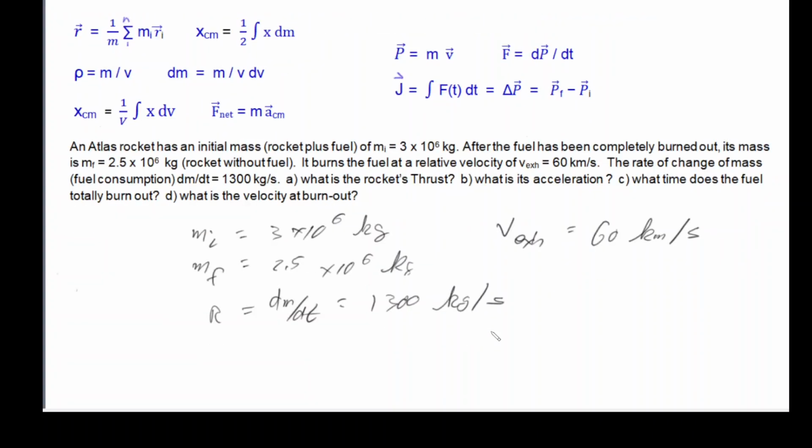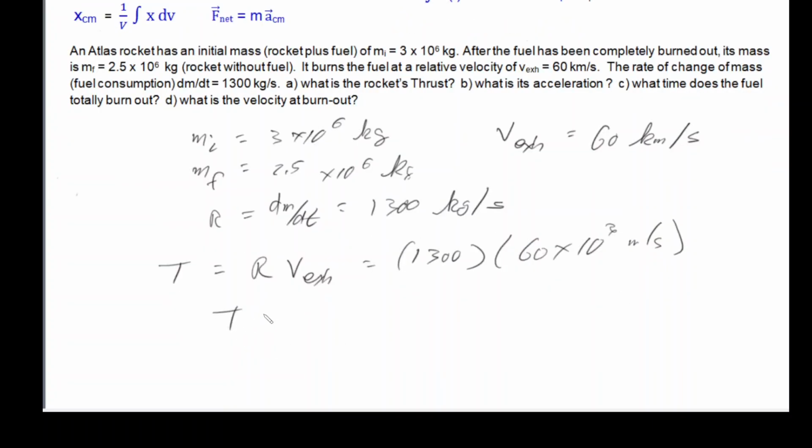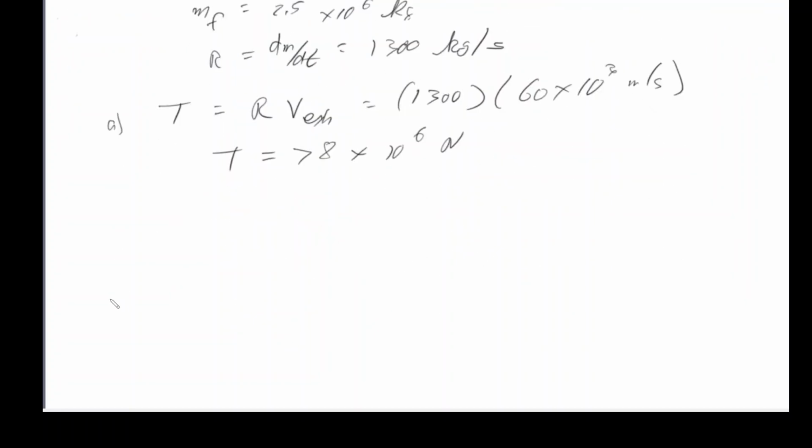So we want to know what the thrust is, or T. Well, T is equal to R times V of the exhaust, which is 1300 times 60 times 10 to the third meters per second, or thrust is equal to 78 times 10 to the 6 Newtons. Okay, and that's a force.